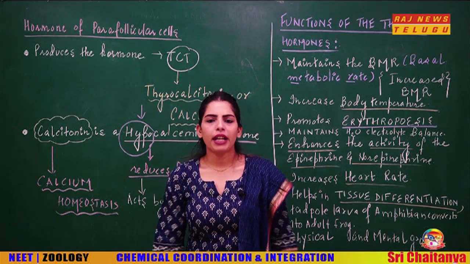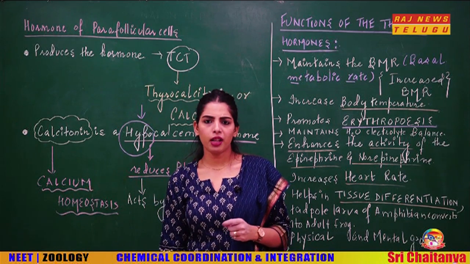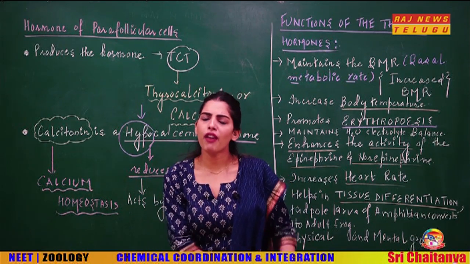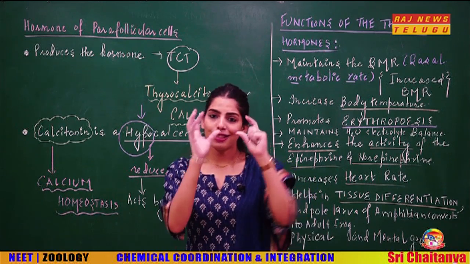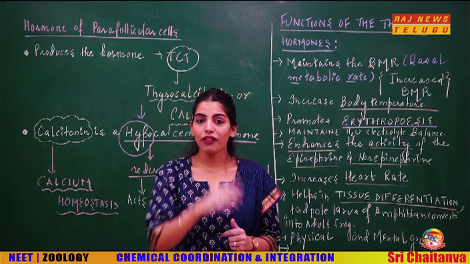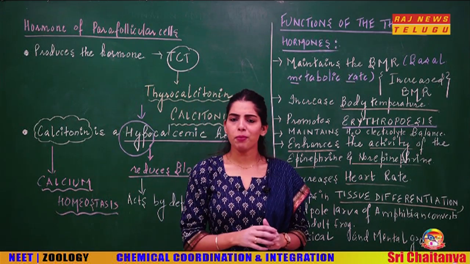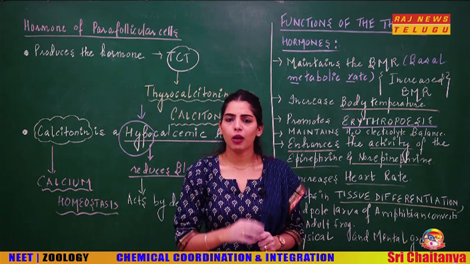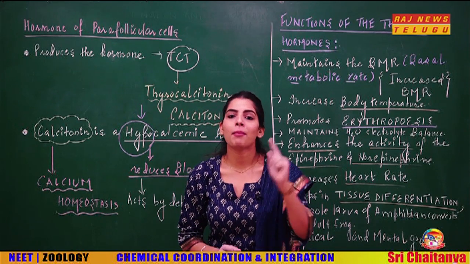Basal metabolic rate is defined as the amount of calories that a person requires for the normal functioning of the body at rest, or the oxygen consumption of the cell that is required to produce ATP.